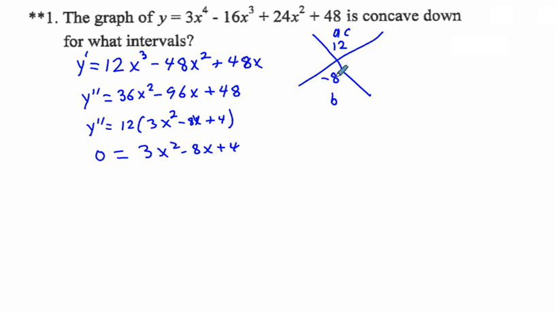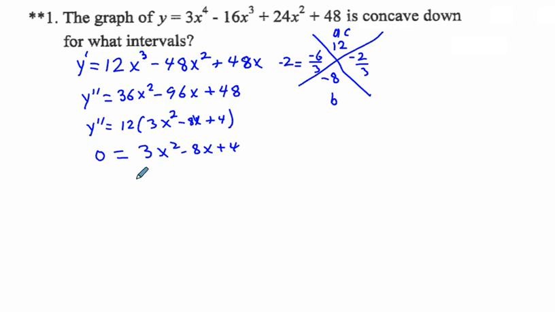So we ask ourselves the question, what two numbers do you add together to get negative 8, yet multiply together to equal 12? We're going to have a negative times a negative. So that's going to be negative 6 and negative 2. And we divide these respectively by a, which is 3. And on the left side, we get negative 2.